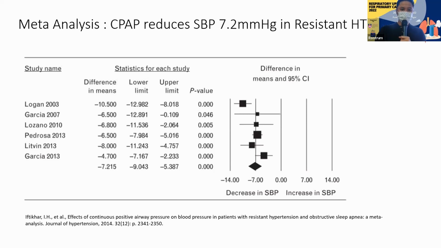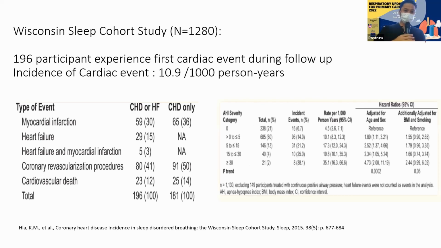Moving on to OSA and coronary heart disease, based on the Wisconsin sleep cohort study, Shah et al. studied the incidence of coronary heart disease in sleep-disordered breathing. This study includes about 1,200 participants with OSA, none of whom had any coronary heart disease at baseline.